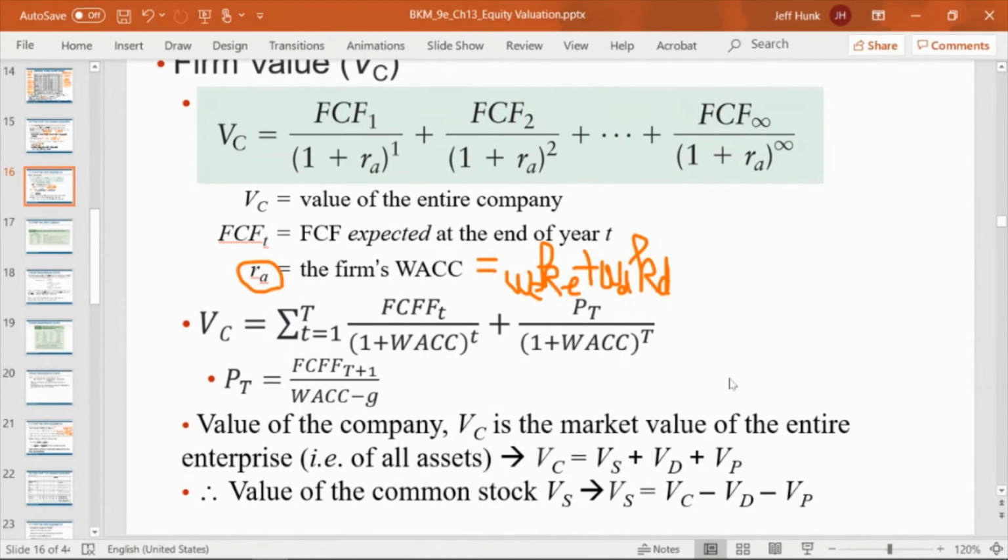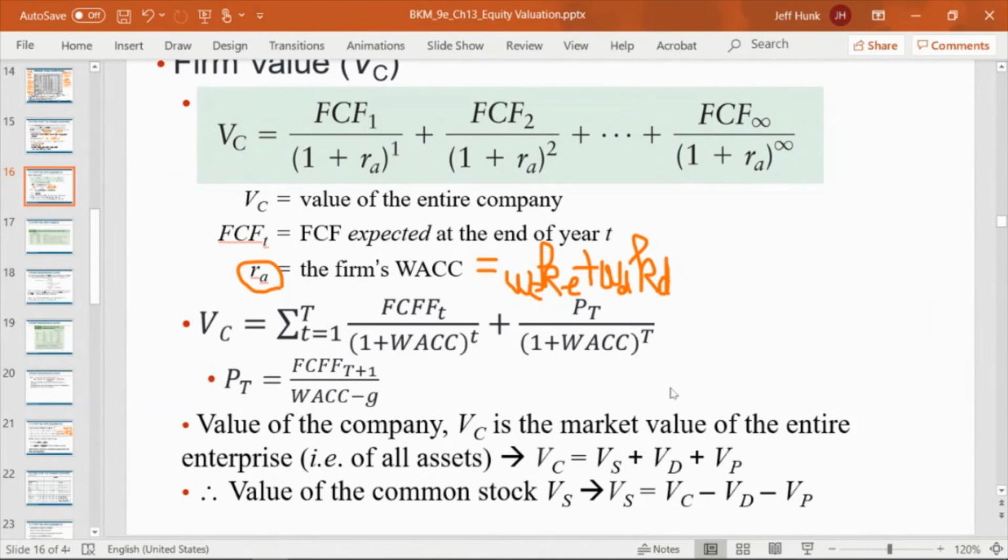So the idea is that you want to discount all these free cash flows in the future, and then it is the current value of the company. That's what it means.